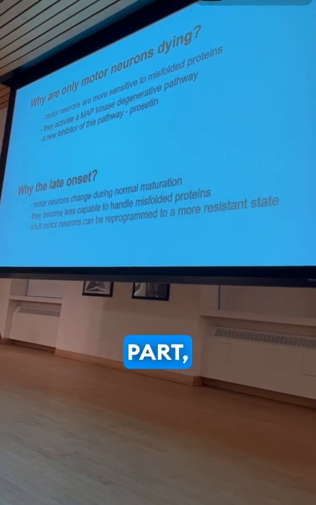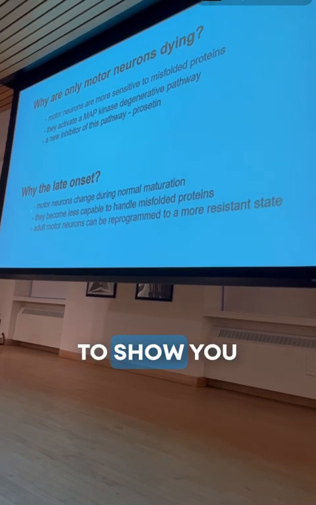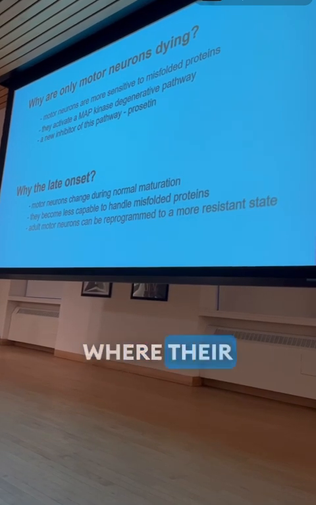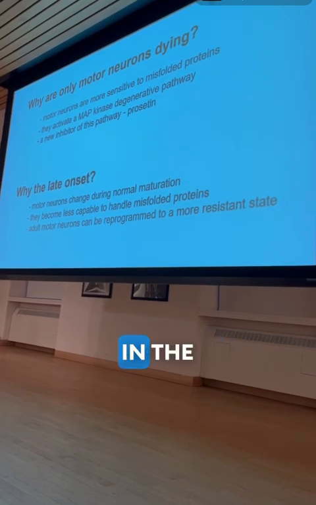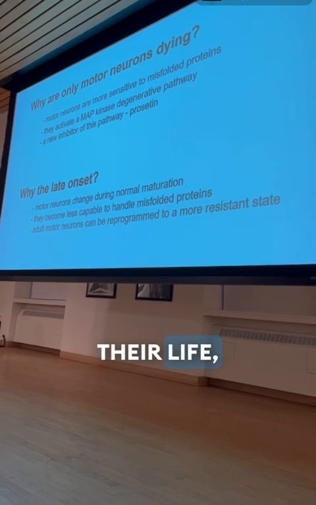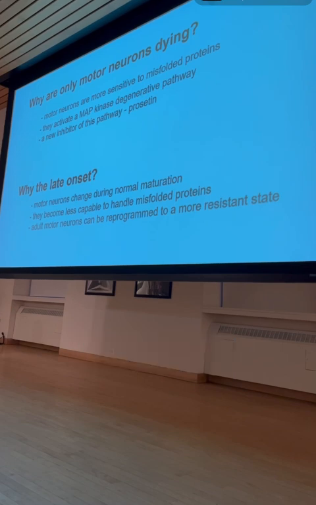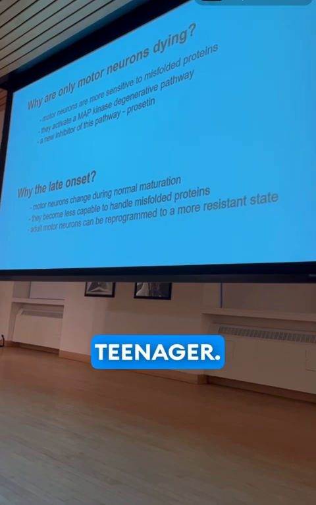And then in the second part, I hope that I was able to show you that motor neurons undergo this very prolonged maturation where their gene expression program changes. In the mouse, it takes 1 month of their life, which in human could easily be equivalent to until you become a teenager.